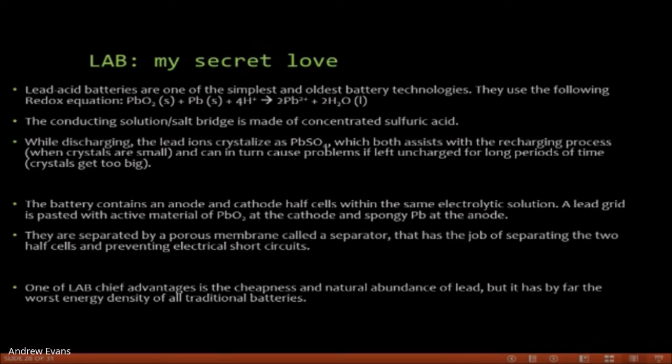When they travel through solution, it's a slow process. It has to convert, and it won't naturally discharge until you connect it. However, if the two electrodes touch, they will create a completed circuit that will cause it to fully discharge. So whenever the two electrodes touch, this is called a short circuit, and the battery's dead, permanently gone. The separator's job is to keep that from happening.